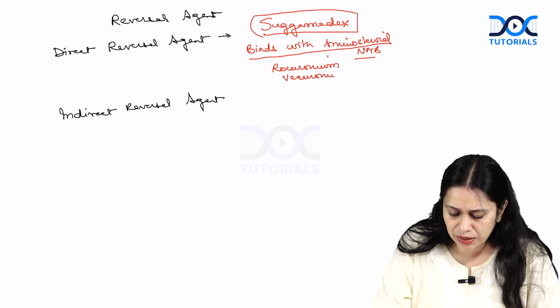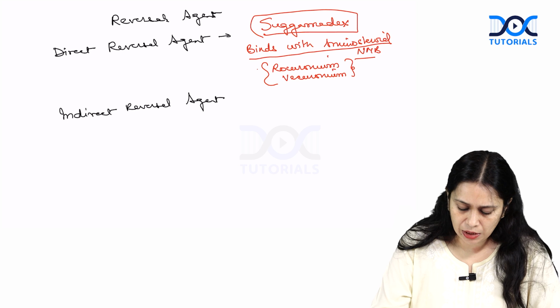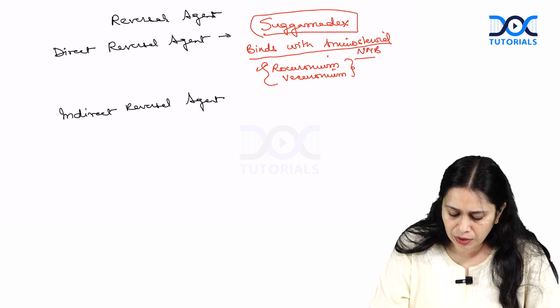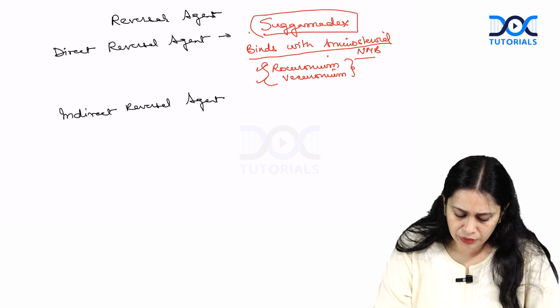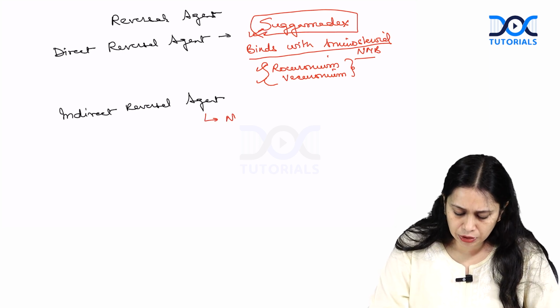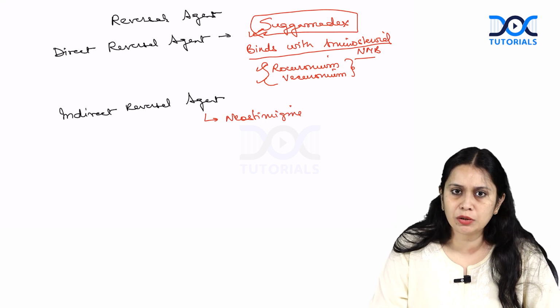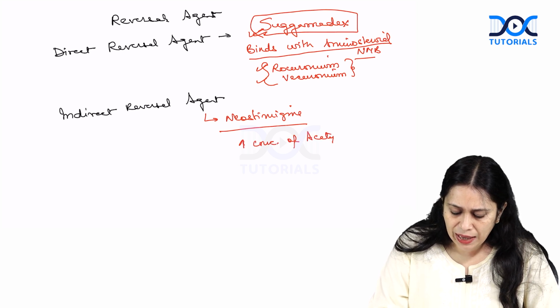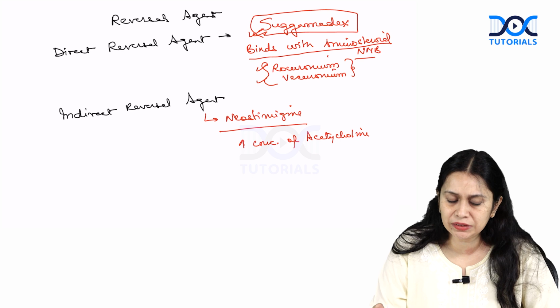It acts best against rocuronium and vecuronium. If I have given a very high dose of rocuronium or vecuronium and I want to immediately reverse it, we can use sugammadex. Indirect reversal agent is our neostigmine. Neostigmine doesn't bind with the neuromuscular blocker. It simply increases the concentration of acetylcholine and assists in reversal.